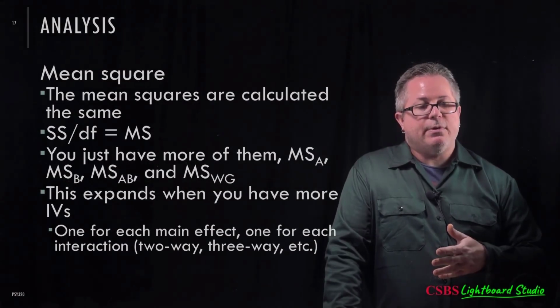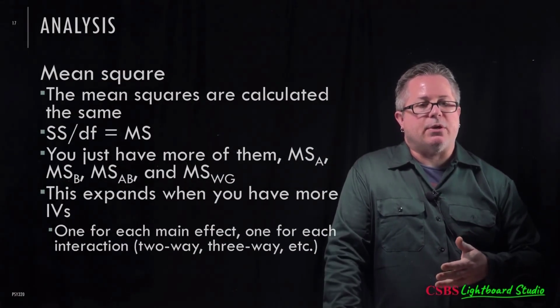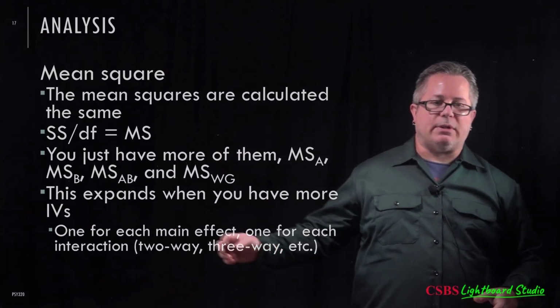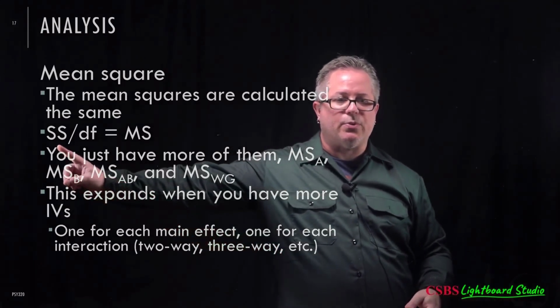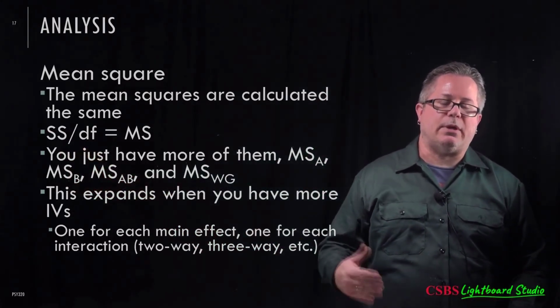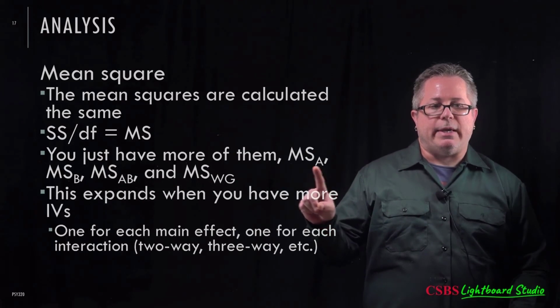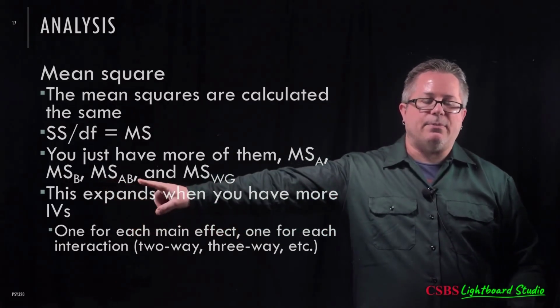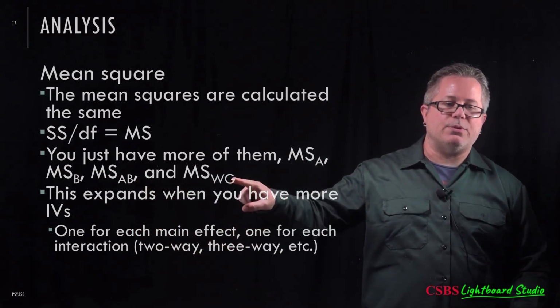Since we have multiple sums of squares, we're now going to also have multiple mean squares. Generically, a mean square is just a sum of squares divided by degrees of freedom. So we're going to calculate a mean square for A, a mean square for B, a mean square for the interaction, and a mean square for within groups.